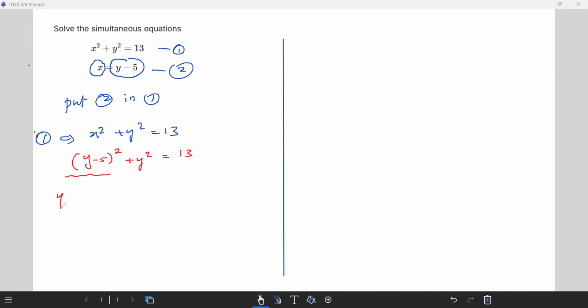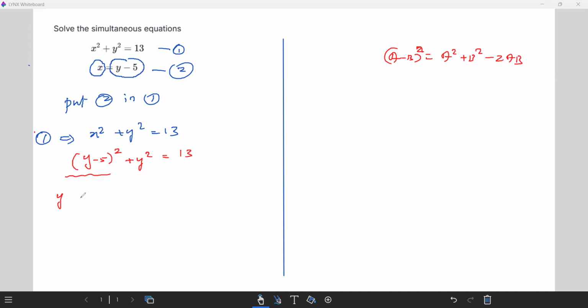If you expand this using the a minus b whole squared form, look, it looks like a minus b whole squared. So let me use the formula. The expansion of a minus b the whole squared is a squared plus b squared minus 2ab.